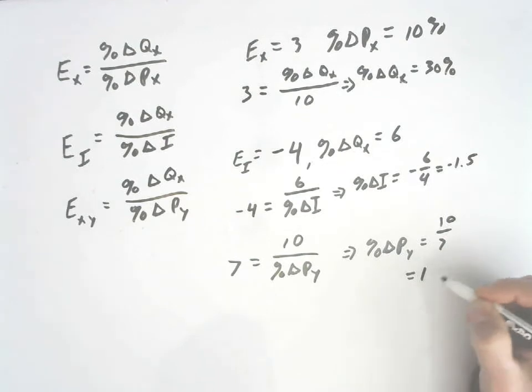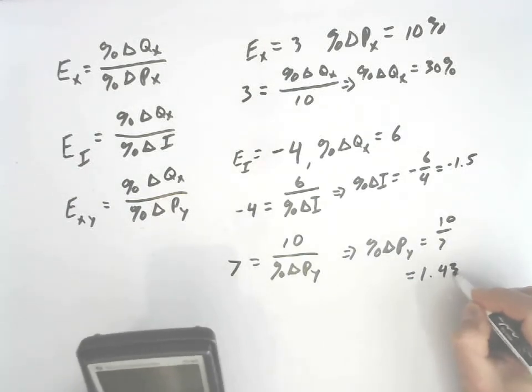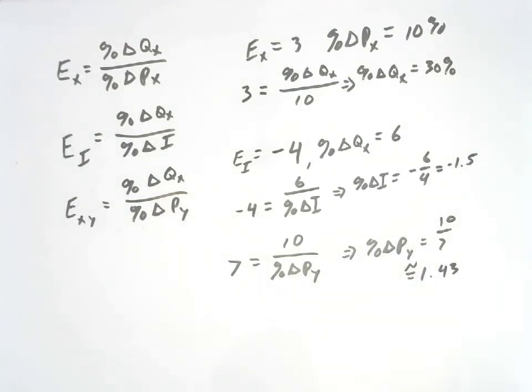well, I have to pull my calculator out for this one. Let me get it. 10 divided by 7 is approximately 1.43.